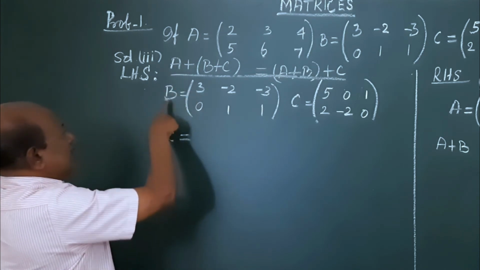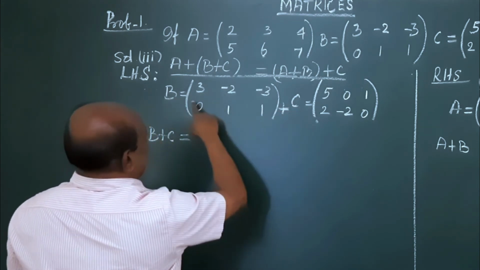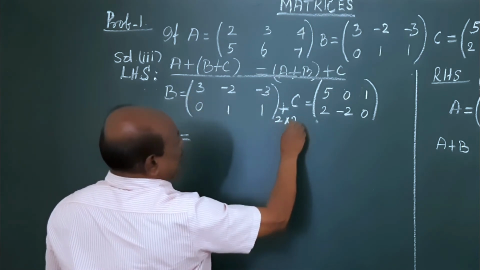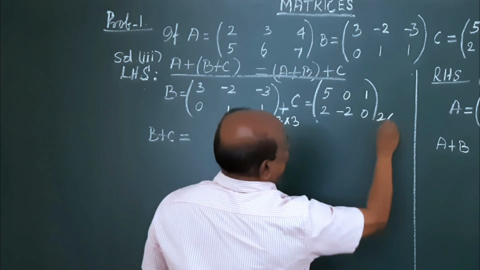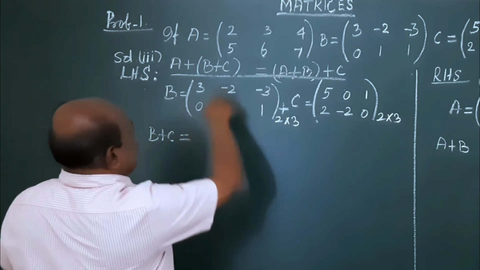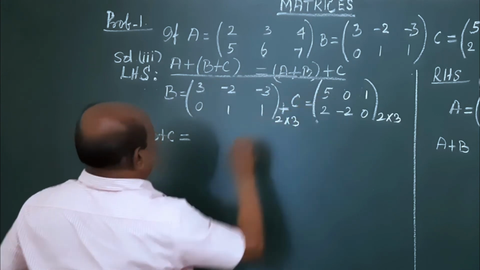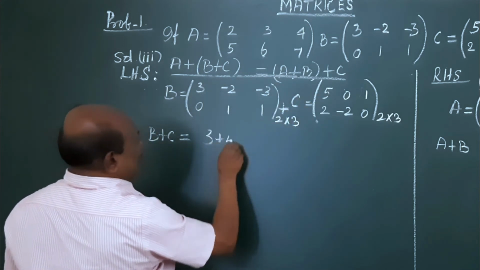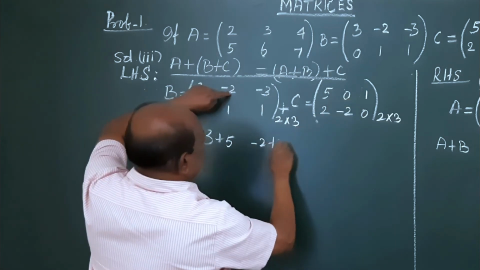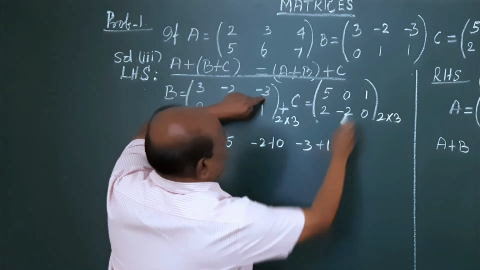B plus C equal to, that is B matrix added with C matrix. The order is same. Here B matrix also 2 by 3 matrix, C also 2 by 3 matrix. That it is possible for addition. Here the corresponding element should be added with the B that of C. 3 plus 5, 3 plus 5, minus 2 plus 0, minus 3 plus 1.